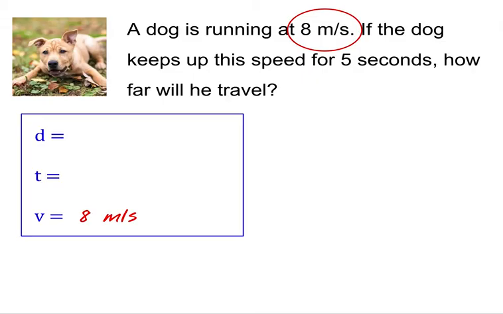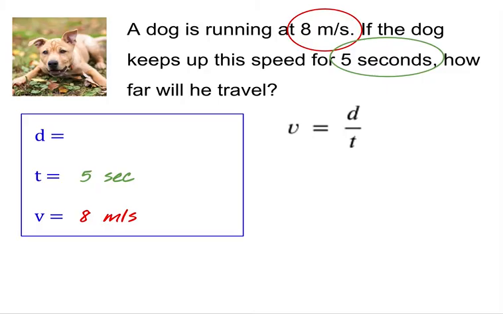The dog is keeping up the speed for 5 seconds, so that's the time, T. And so we would like to be able to use that speed equation. It's got all the right variables in it, but this does not tell us how to find D, it tells us how to find V.